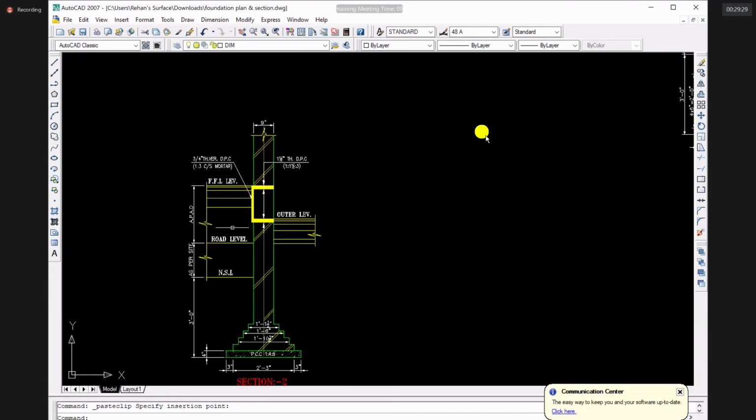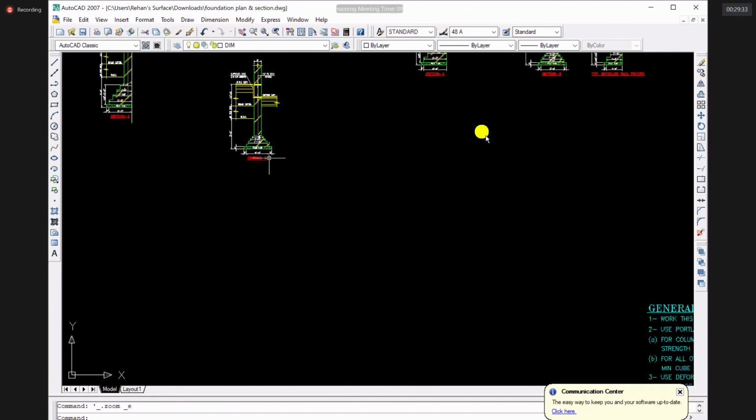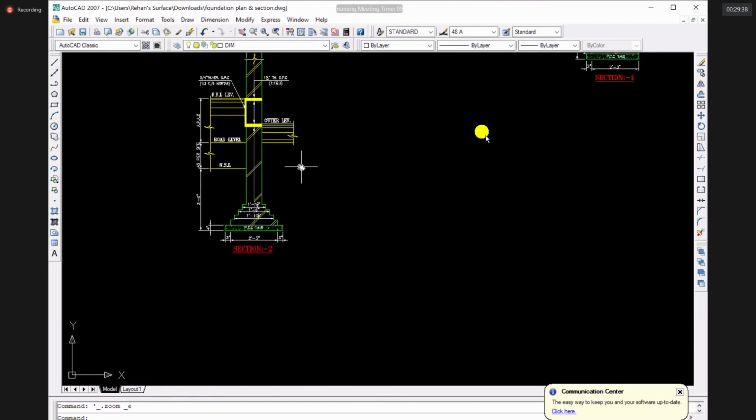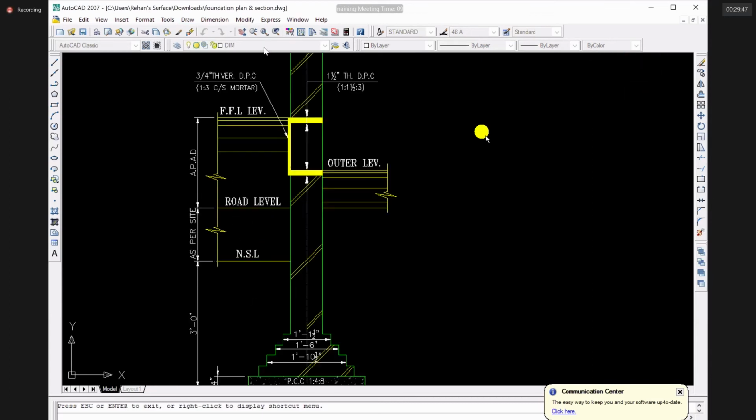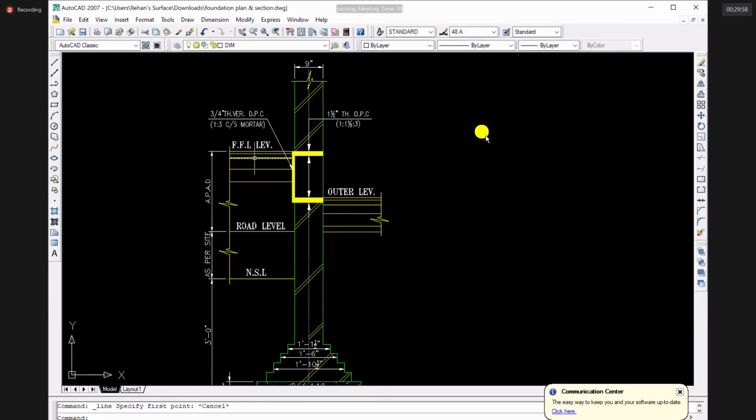Okay. Then there is a load carrying wall, in which the floor levels are at different level.